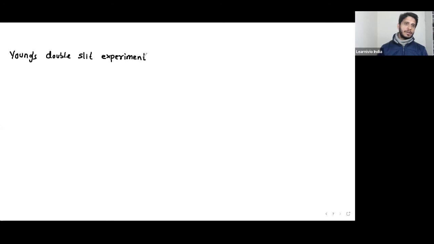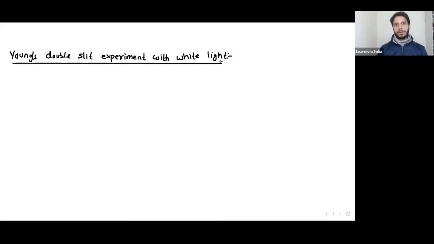Young's double slit experiment with white light. So say you have two slits, S1 and S2. This is slit S1.